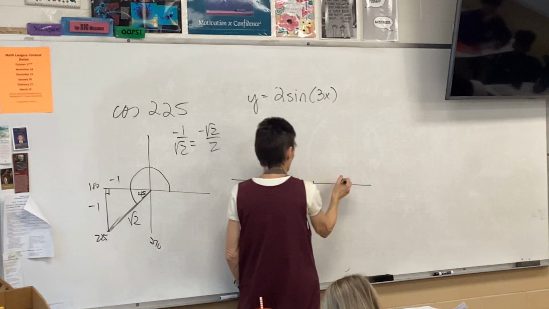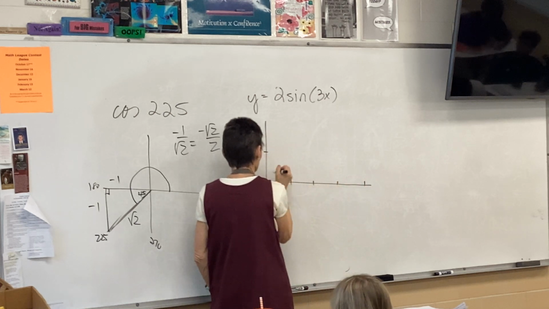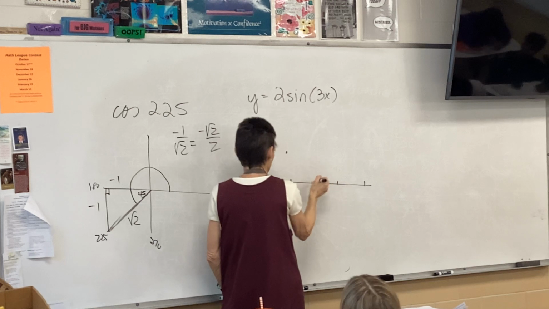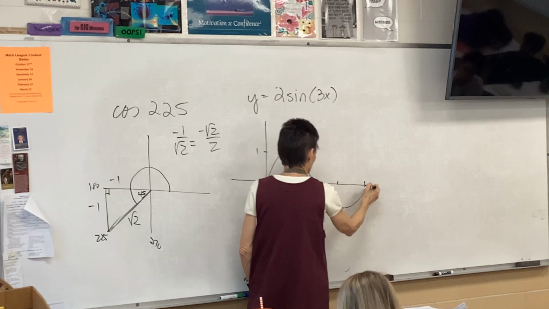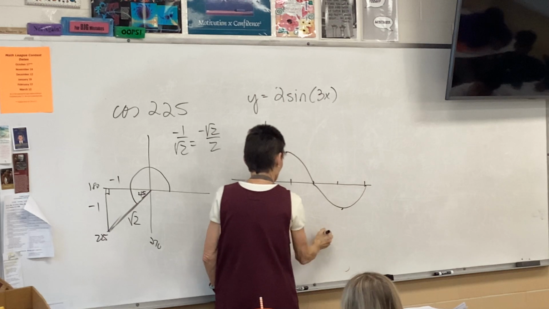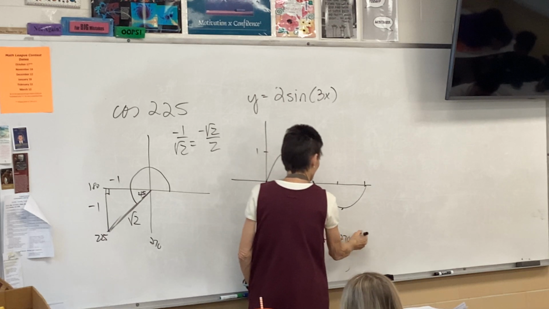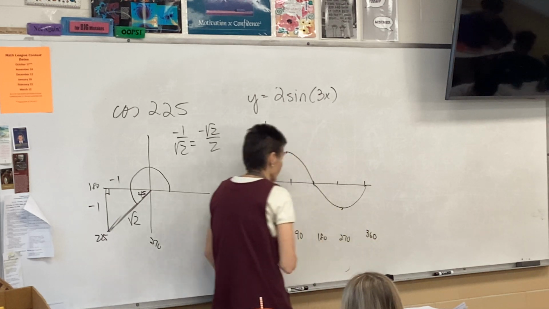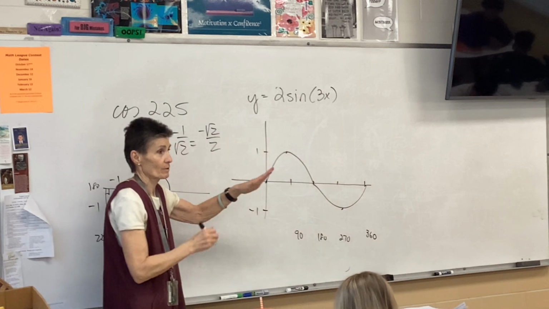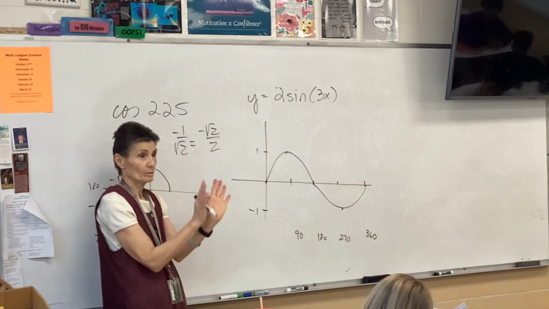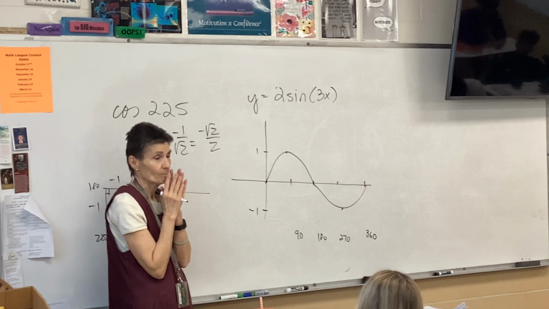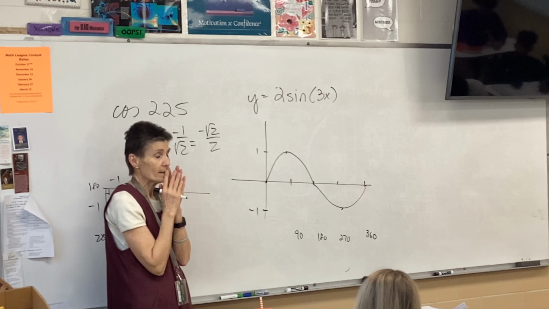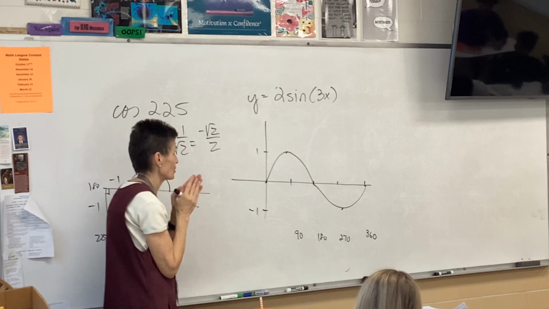In a normal world, a sine looks like this. And those would be my labels for a normal sine with no changes. Now, we have made some changes.